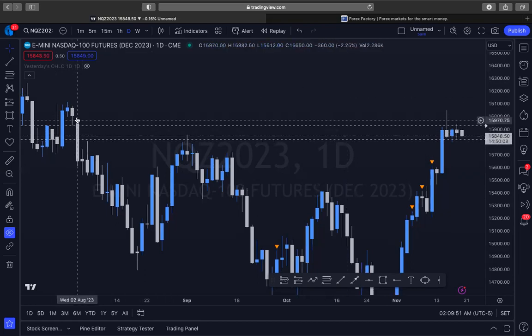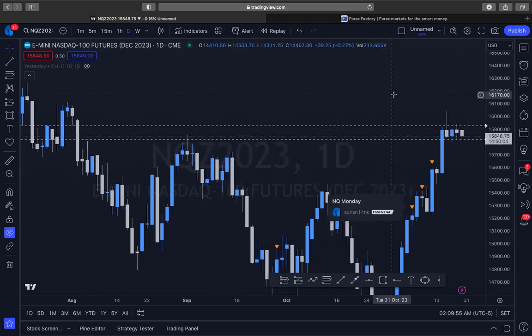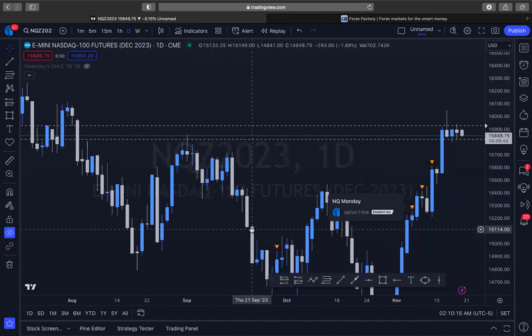So I took all the drawings off of my chart to show you what I was aiming for. If you look at this area right here, for me it sticks out as an obvious high, where price could have stops if people were going short here.